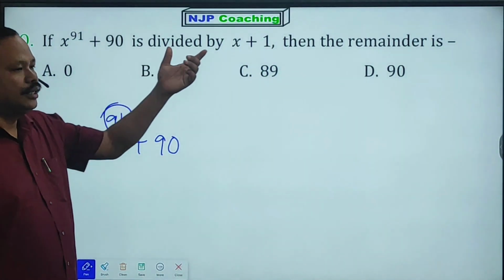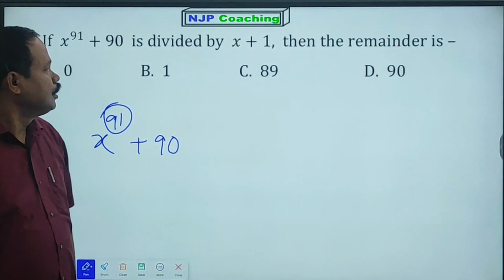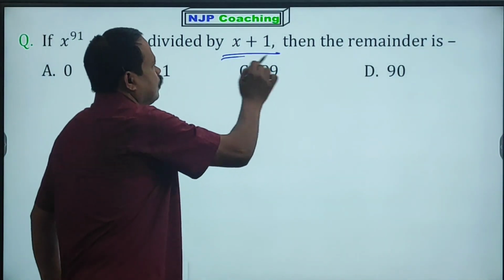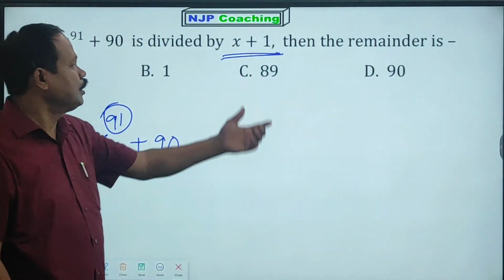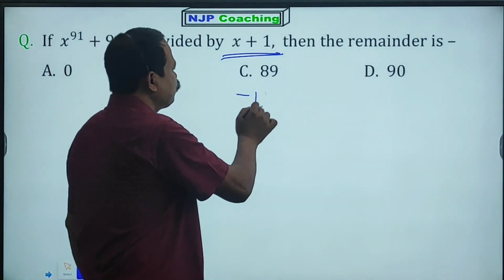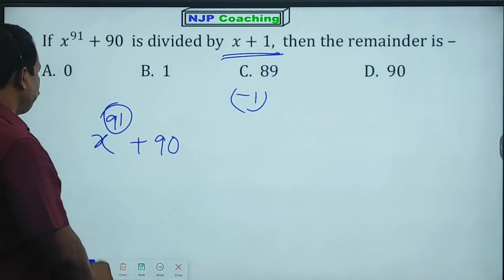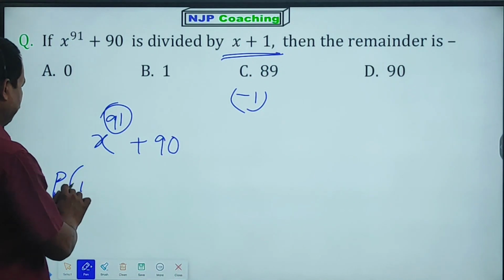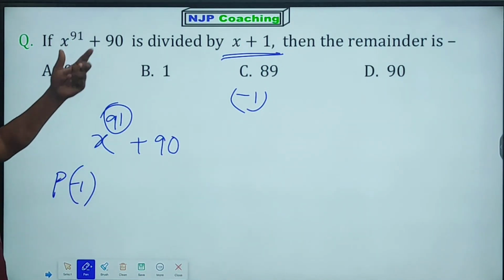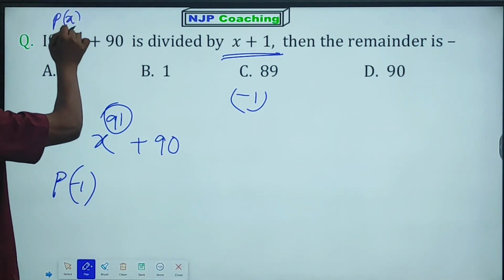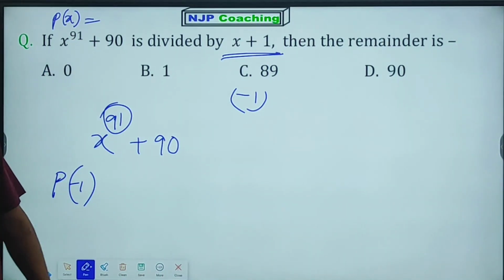But if we use the remainder theorem, this is the divisor, a linear polynomial. So what is the zero of this polynomial? Minus 1. So we have to find p(-1) if p(x) equals x to the power 91 plus 90.